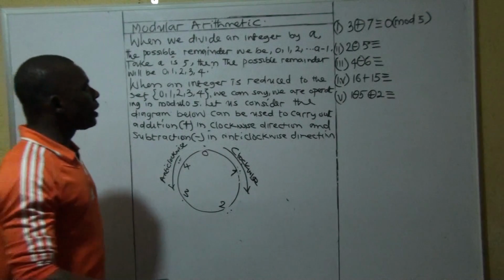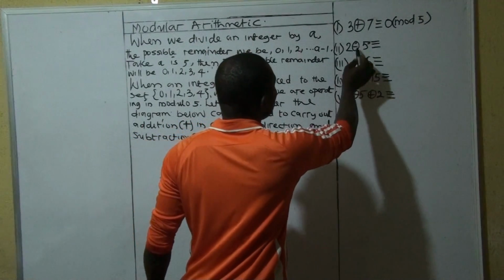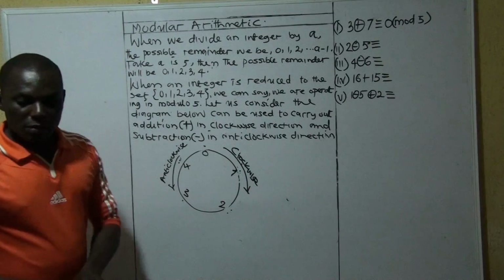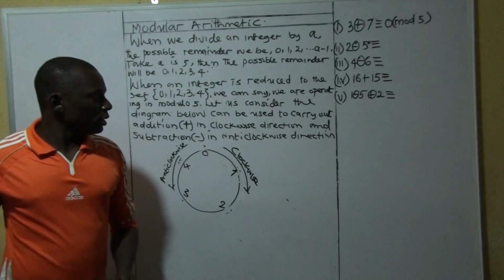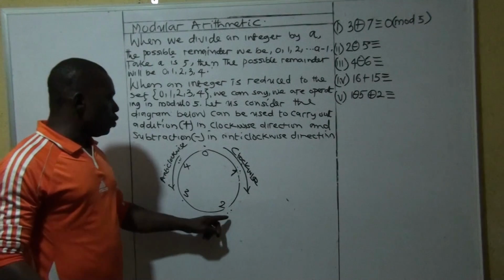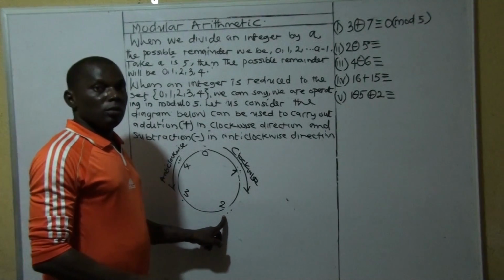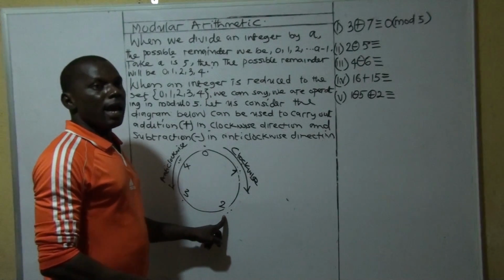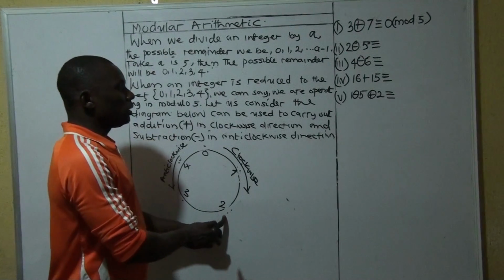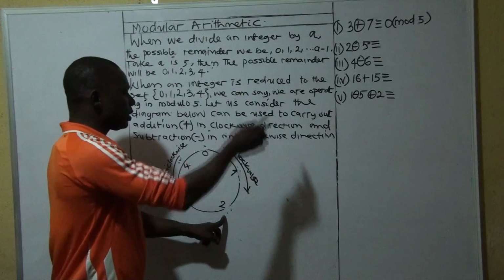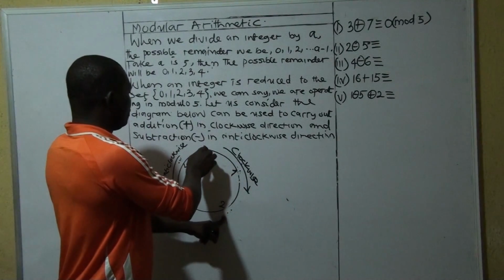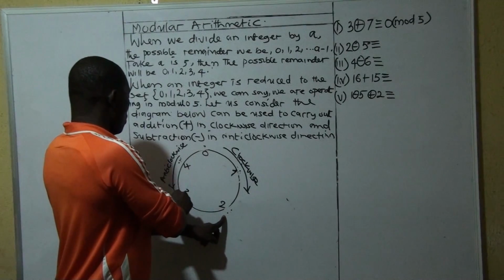Okay, now let's look at 2 minus 5. Because we are subtracting, we stand at 2 and count in the anti-clockwise direction 5 times: 1, 2, 3, 4, 5.